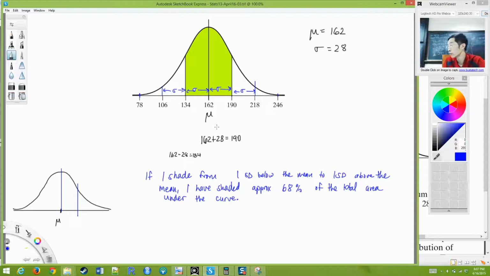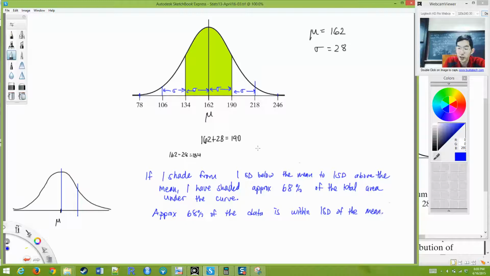Okay, of course it's not going to be exactly that, because this is just an approximation to the actual data that we have. But a lot of times you will hear statements such as approximately 68% of the data is within 1 standard deviation of the mean.